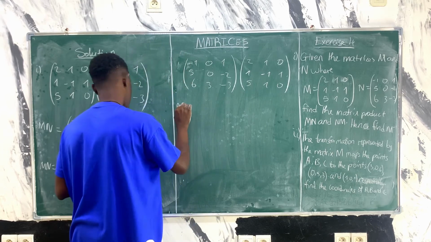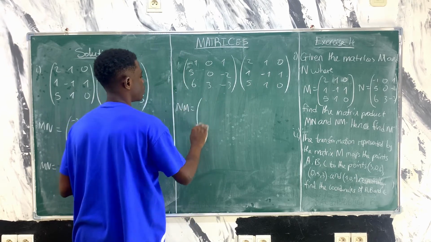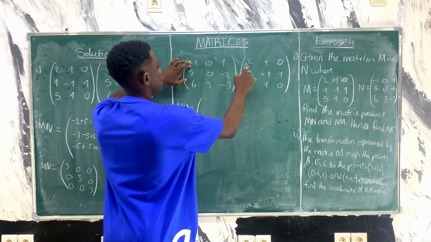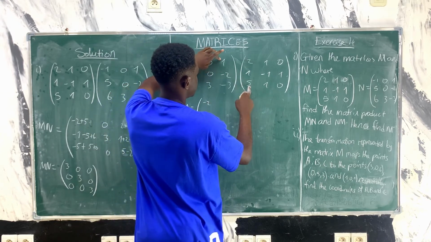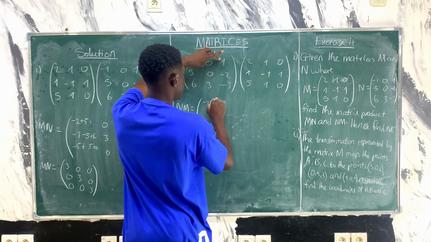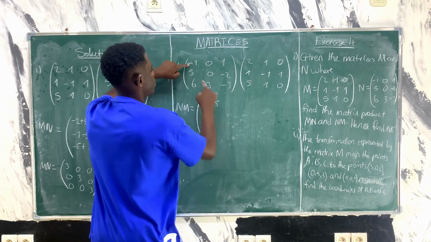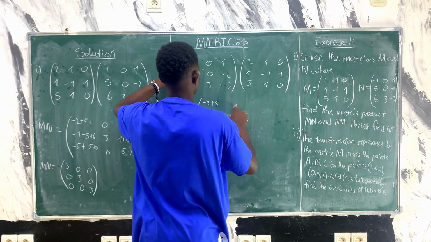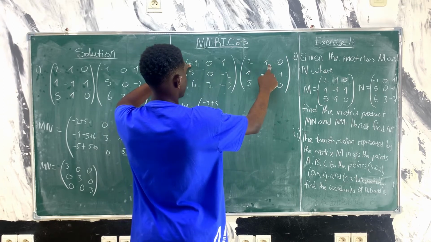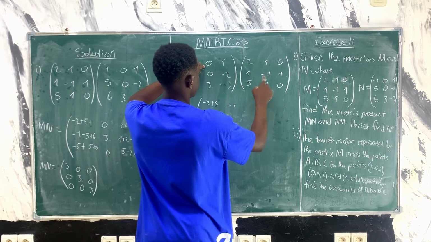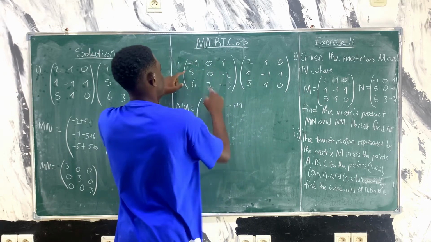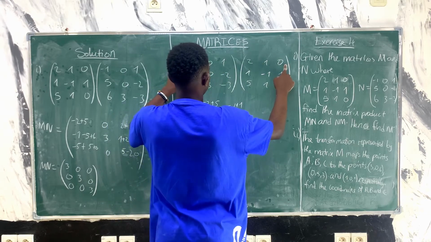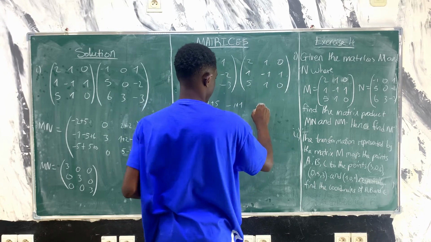So we're going to have NM this time equal to minus 1 times 2 is minus 2, 0, 5 times 1 is plus 5. So we multiply this by the second one, put it here. Minus 1 times 1, minus 1, 0, 1 times 1 is plus 1. So we multiply this by the third one. Here is 0, 0, 0.